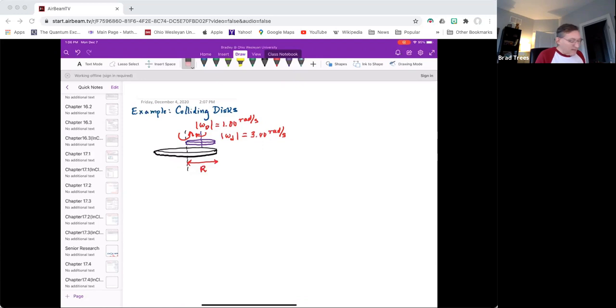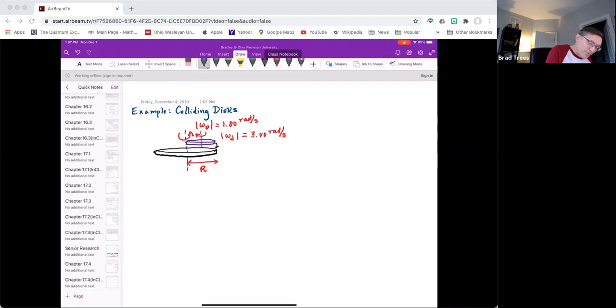There's complicated stuff going on, but after the collision, the second disk just falls straight down, boom, onto the first one, and ends up riding on top of the first one, and we've had a completely inelastic collision. And we want to know the angular velocity they have afterwards.